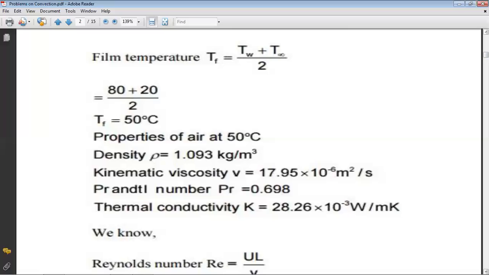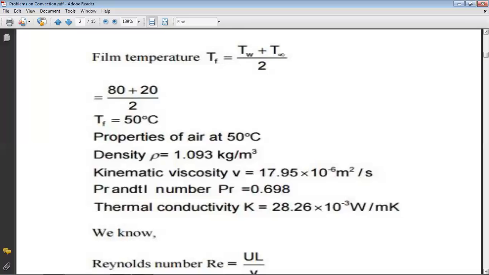The first fluid itself is dry air. If you see the table, you have the properties of air from minus 50 degrees Celsius to 1200 degrees Celsius. Now we need to get the value corresponding to 50 degrees Celsius.